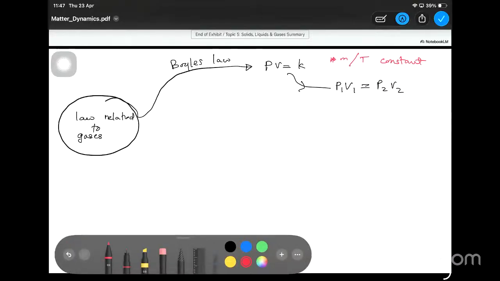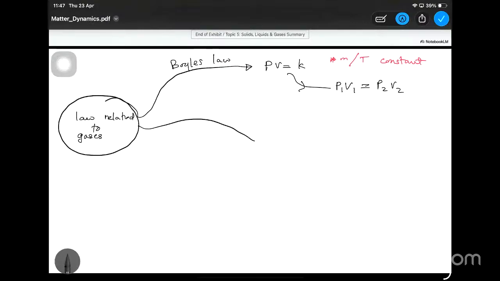And the second one, pressure and temperature. We can write the equation like this: P over T equals K. So this is the main equation. Then the extended version, P1 over T1 equals P2 over T2, right?